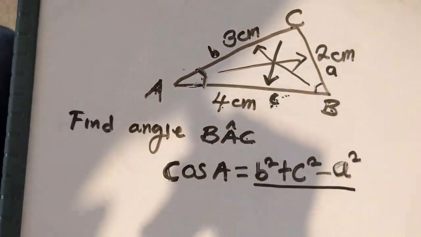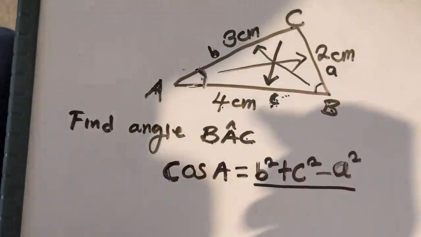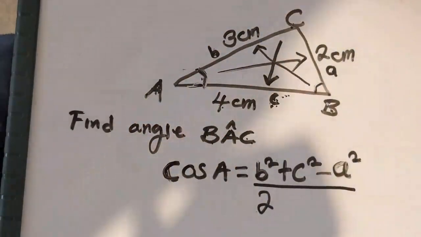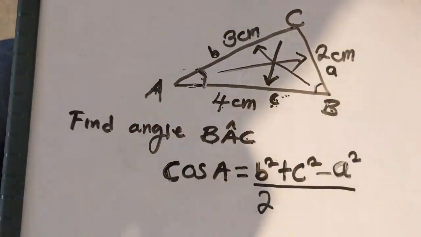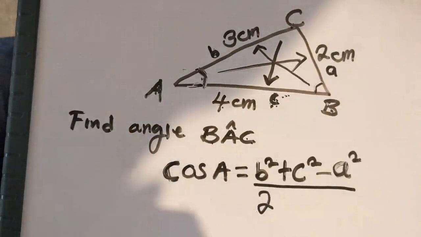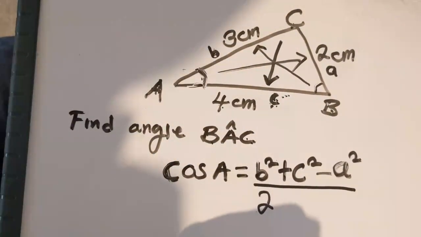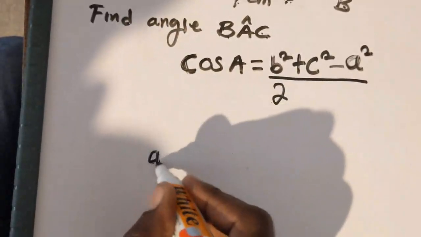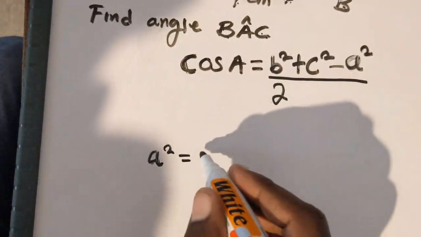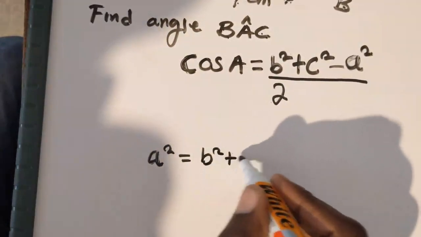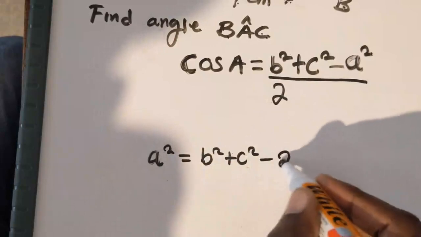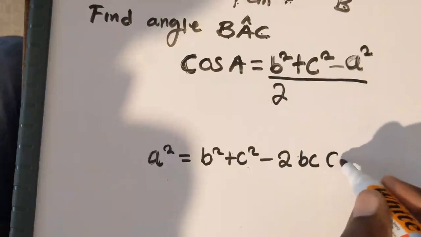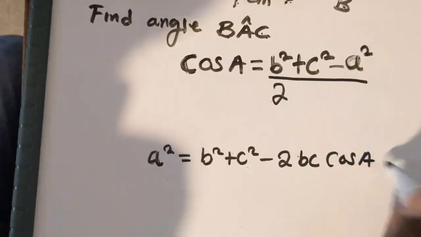Then you need to know that there is a 2 in the formula, because the formula for the cosine rule, let me just remind you, is a squared is equal to b squared plus c squared minus 2bc cos A. This is how it is.